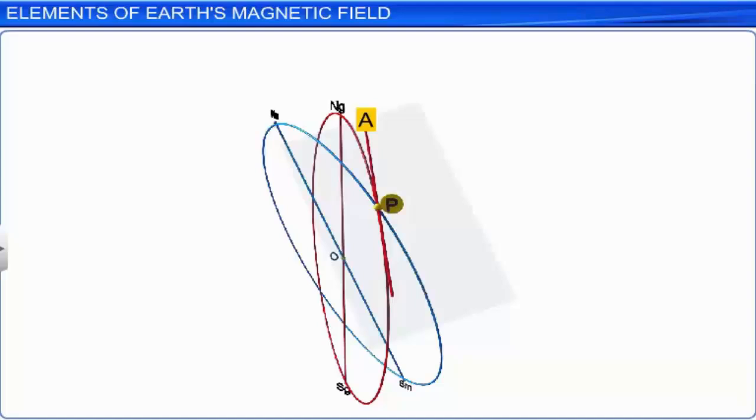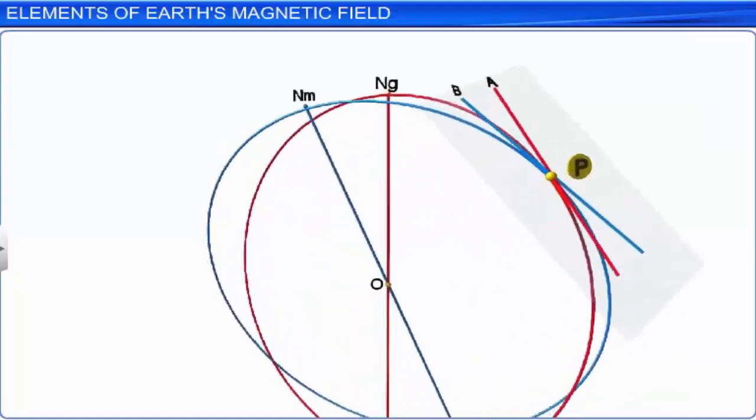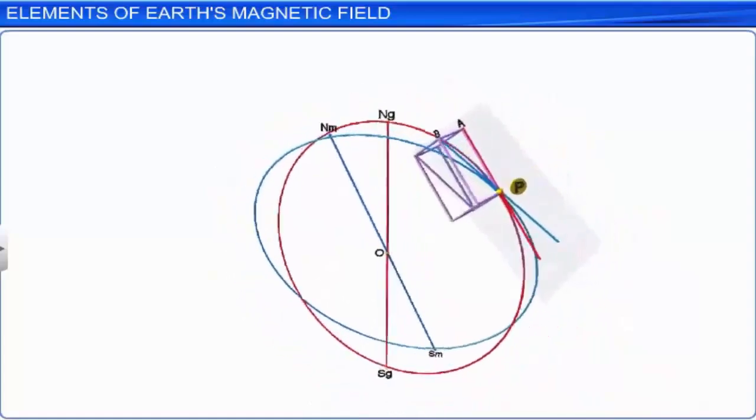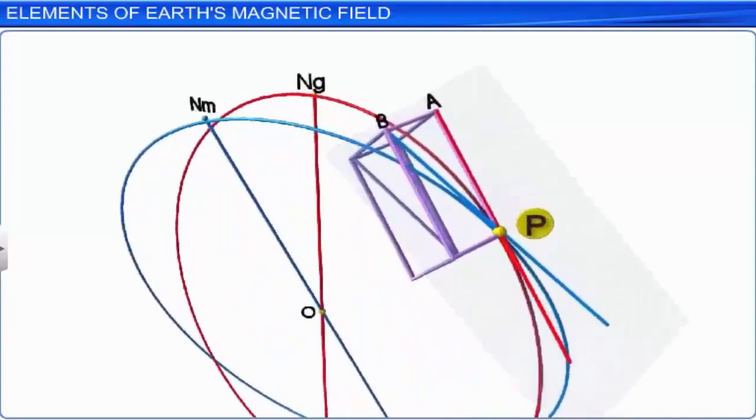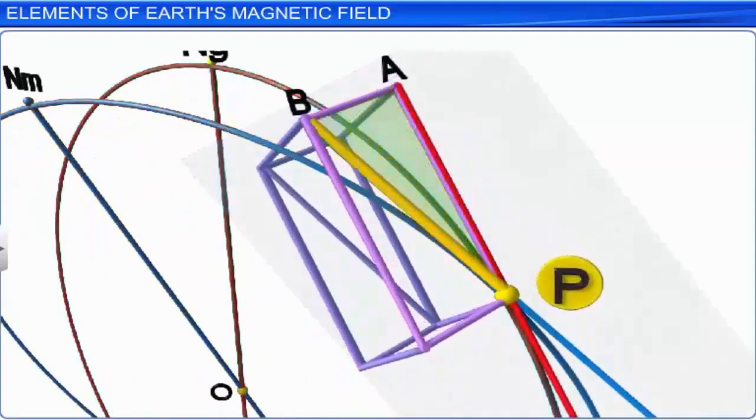Draw a tangent PB to the magnetic meridian circle at point P. PB also lies on the tangent plane, but represents the magnetic north-south direction. Construct a parallelepiped passing through P, A and B. Rotate the line PA in the tangent plane such that it touches the parallelepiped at B.